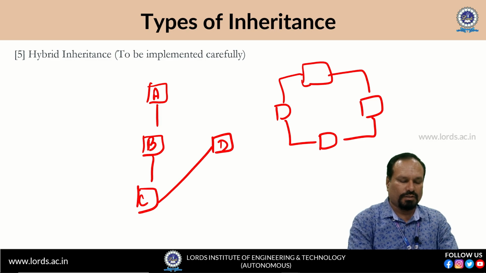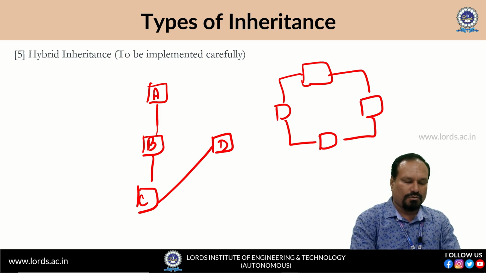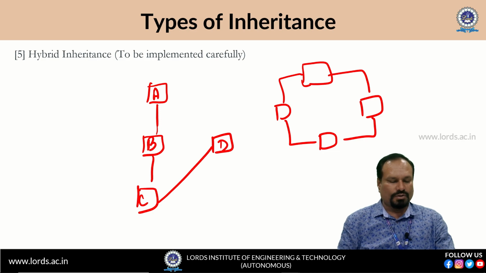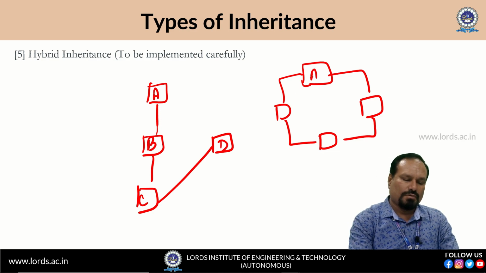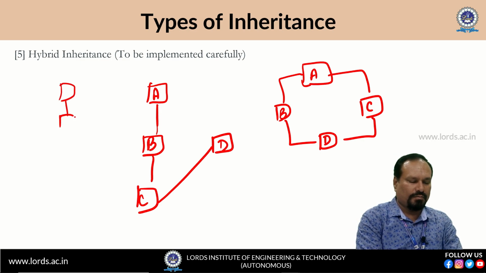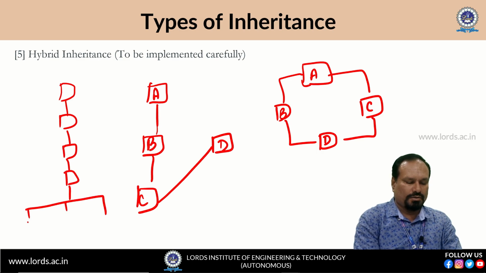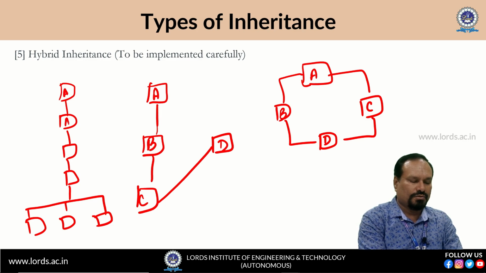While working with this kind of scenario, you should be very careful about how to use it or which to use. You can notice here, A, B, whichever name you want to give.